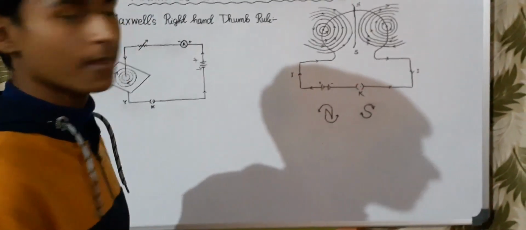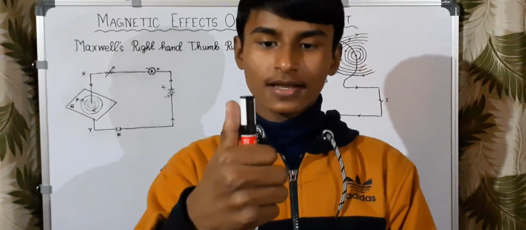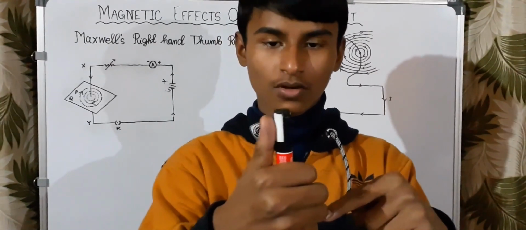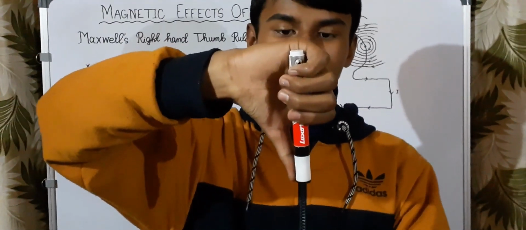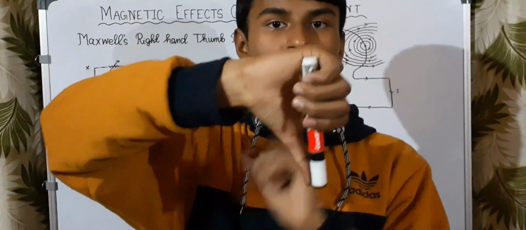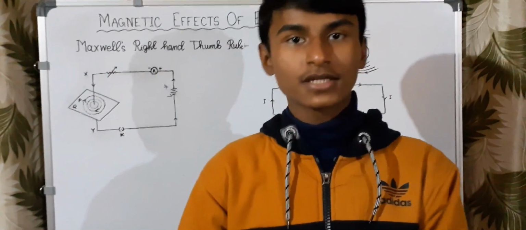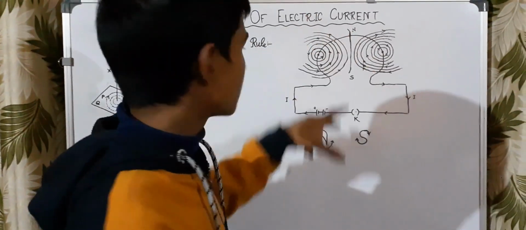A scientist named Maxwell proposed this rule. When the direction of the current is upward, then the direction of the magnetic field lines would be anti-clockwise, and when the direction of the current is downward, then the direction of the magnetic field lines would be clockwise.